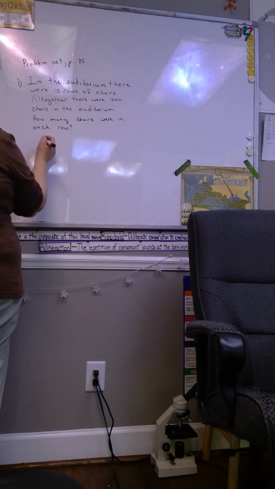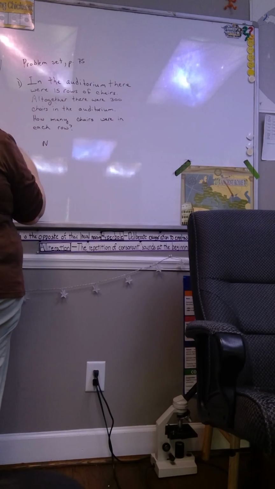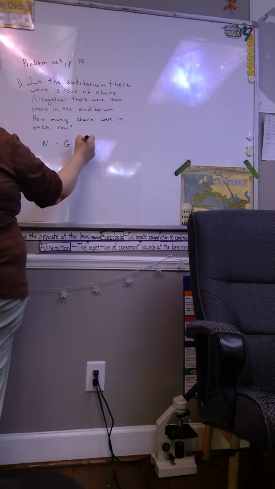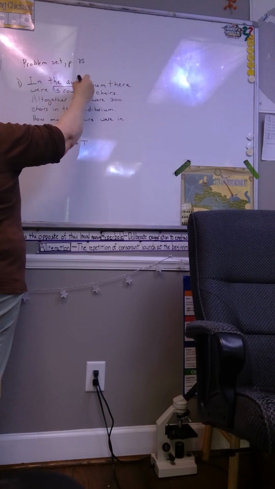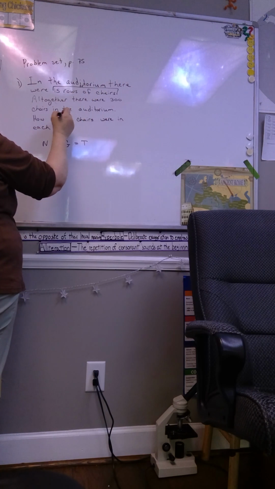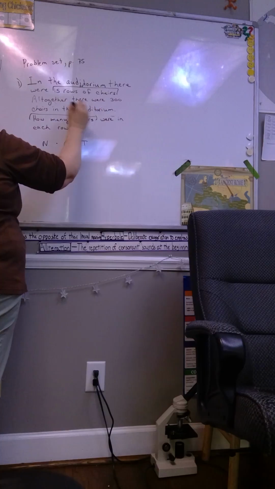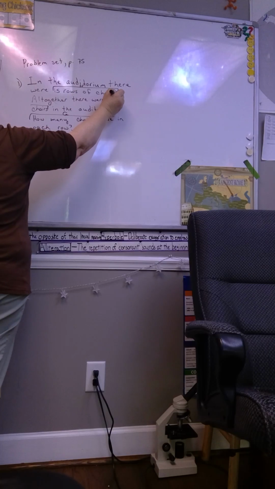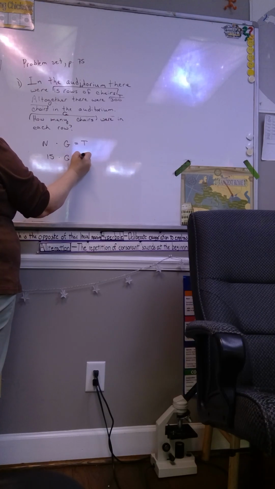And so remember, it's the number of groups times the number in the group equals the total. The 15 rows of chairs is the number of groups, and how many chairs were in the row is the G, and 300 chairs is my T. So I'd have 15 times G equals 300.